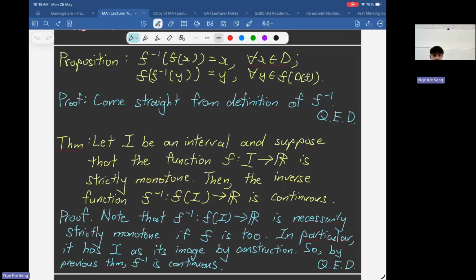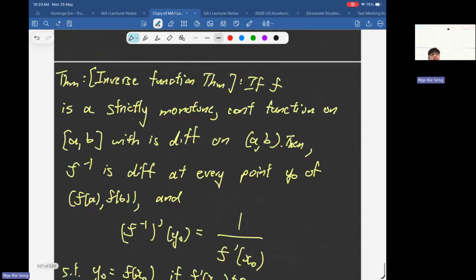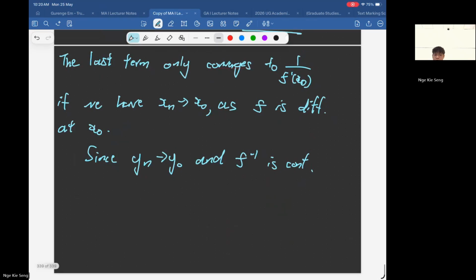You just need your function to be a strictly monotone function having an interval as a domain. Then it's good already. Just now we have a function on a closed interval, so we are good. Then what should we do here?